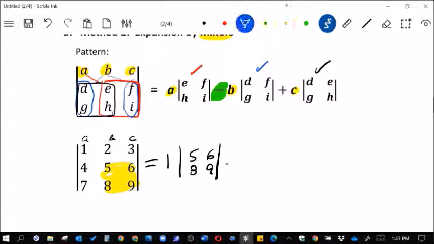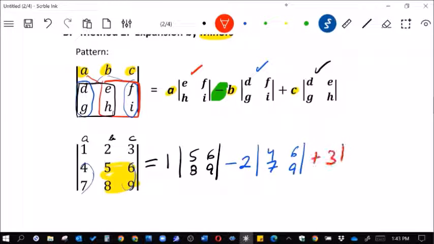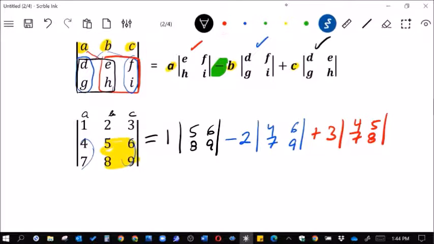And then minus 2, and for that, I'll use these two sets: 4, 7, 6, 9. Plus 3, and I'll use the ones from the first two columns: 4, 7, 5, 8.